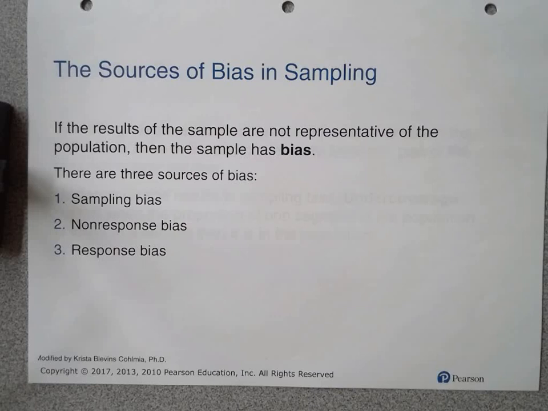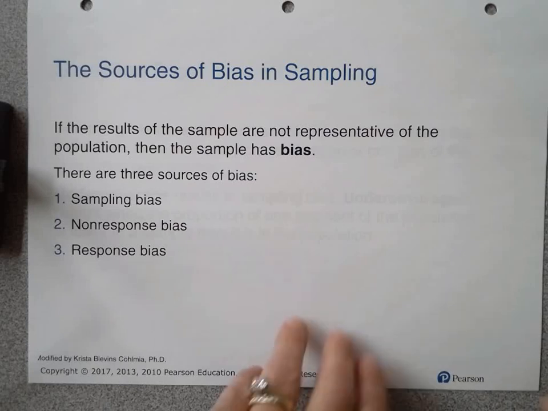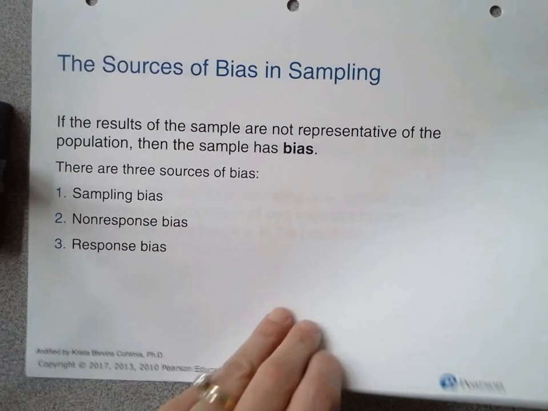Well, that is a valid sample from our classroom, but it doesn't give the female measurements. And so that would not be a representative sample from our population. So you want to make sure, if at all possible, that your sample is as representative of the population as possible. There are 3 sources of bias that we'll talk about: sampling bias, non-response bias, and also response bias.